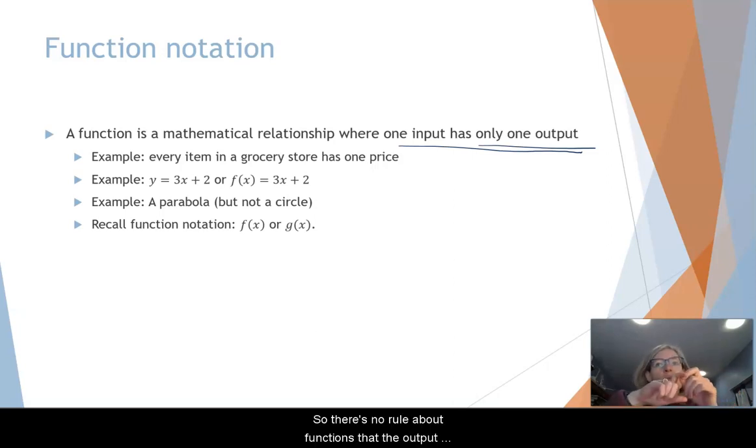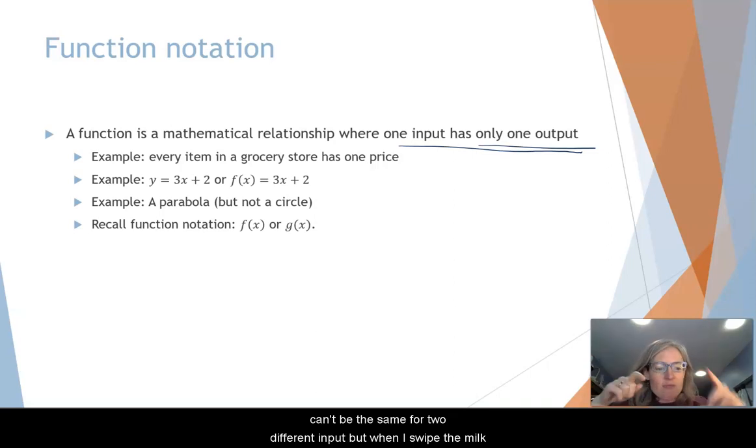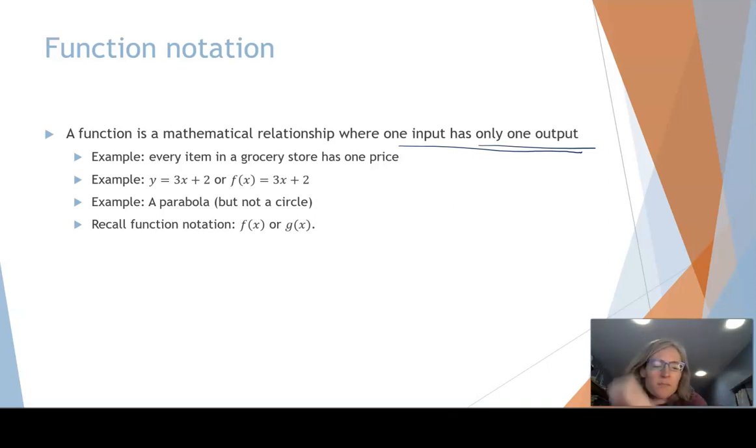So there's no rule about functions that the output can't be the same for two different inputs. But when I swipe the milk, it's not going to appear at $3.99 and $2.79. It's only going to have one price. So for each input, there's only one output.